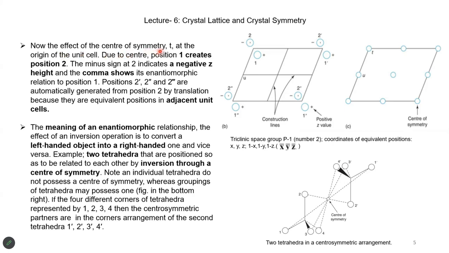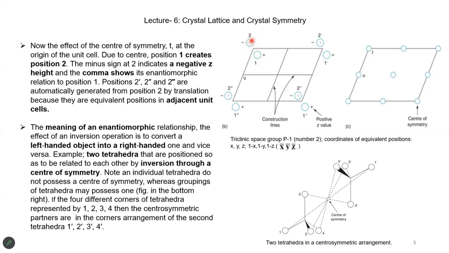Now, the effect of the center of symmetry at Q. We have a center of symmetry, this one. What happens is that if we have a center of symmetry here, it will create another position below the plane of paper. So 1 creates 2 below the plane of paper.